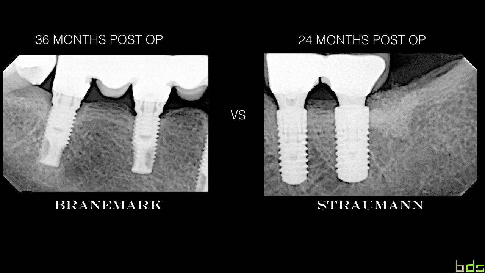This is a glimpse of what we did, showing, for example, a patient that has on one side a Brånemark restored implant, that we replaced on the other side, the contralateral side, with a Straumann bone level implant. And we compared this at 36 months for Brånemark and 24 months for Straumann.